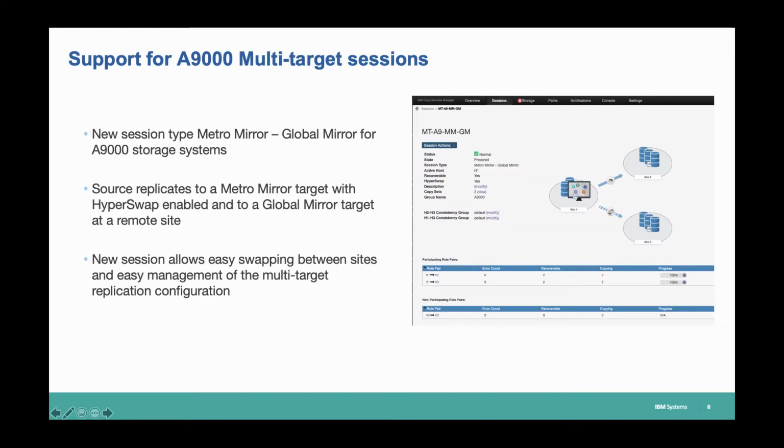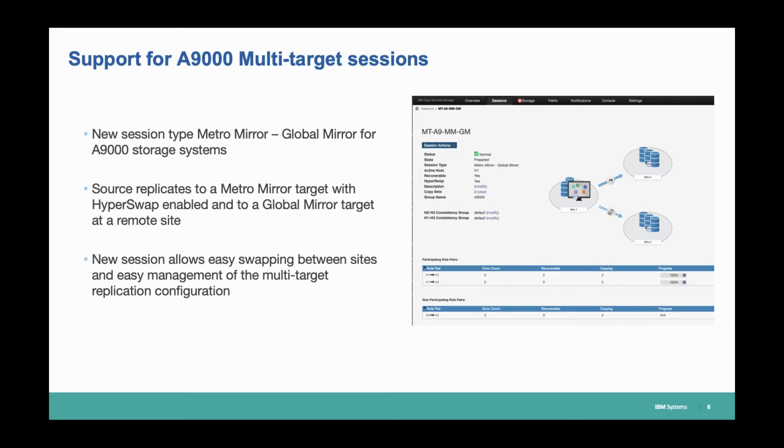All right, so the next feature I want to talk about for our 626 release is our support for A9000, the FlashSystem A9000 multi-target session type. So A9000 recently came out with a multi-target solution, so that's replicating off the source volume with a HyperSwap relationship to a semi-local site, so they could swap, have HyperSwap capability there.